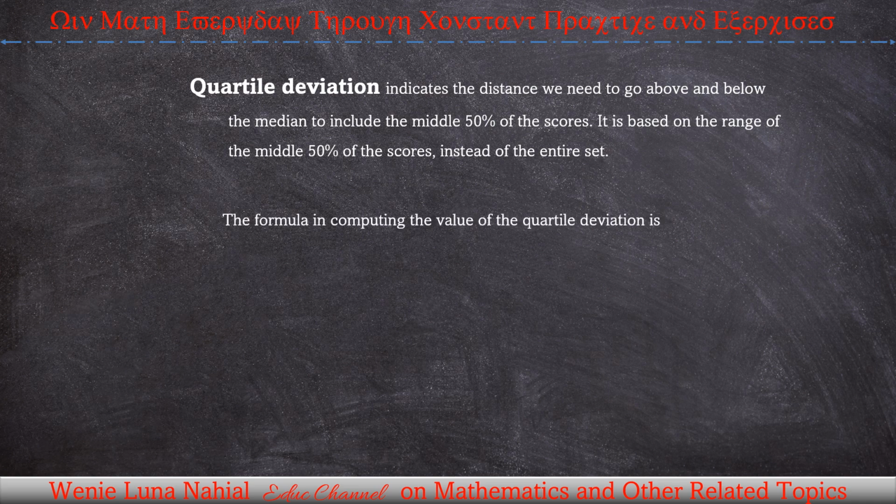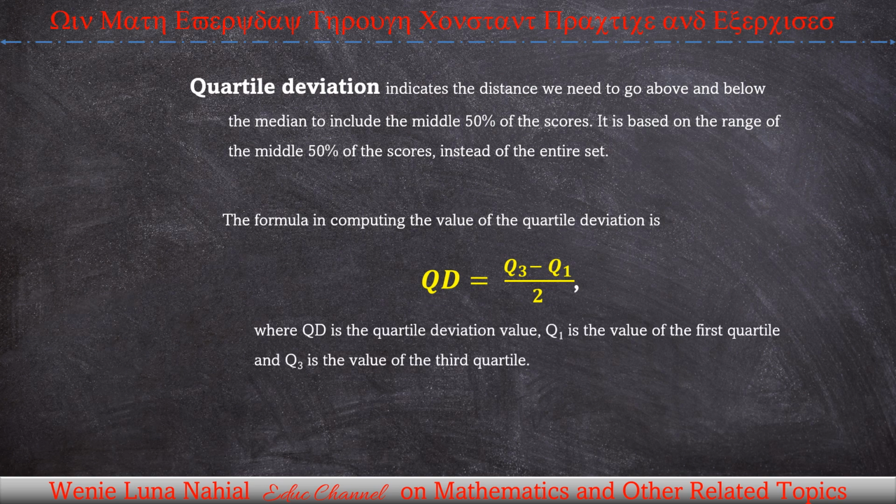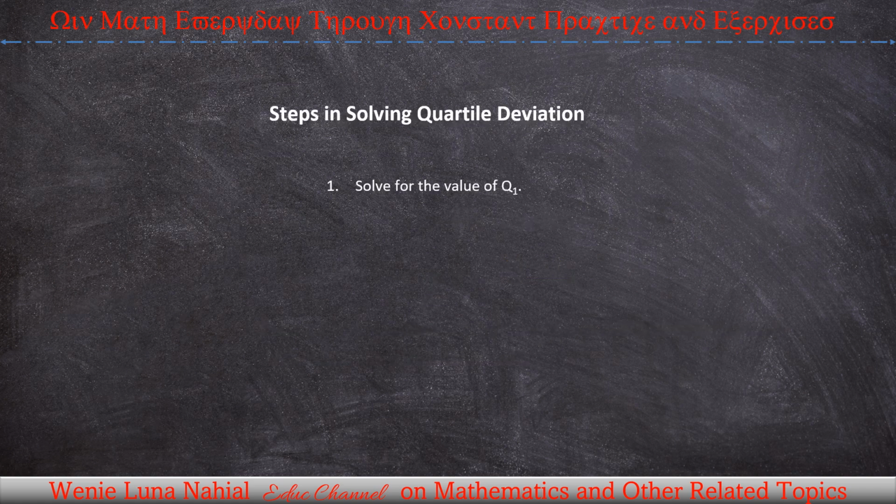The formula in computing the value of the quartile deviation is this one. QD, or quartile deviation, is equal to Q3 minus Q1 divided by 2, where QD is the quartile deviation value, Q1 is the value of the first quartile, and Q3 is the value of the third quartile. Now, steps in solving quartile deviation.